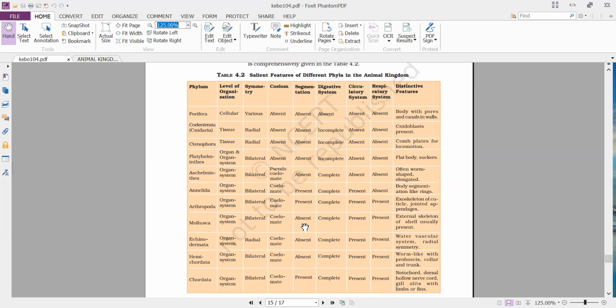And next, coming to the respiratory system, in poriferans, coelenterates, ctenophores, platyhelminths, aschelminths, and annelids, we don't find any special organs of respiration. In annelids, the skin itself will act as a respiratory organ. So we don't find any special respiratory organs up to annelida. But in arthropoda, we'll find respiratory organs like trachea, book lungs, book gills, and gills.